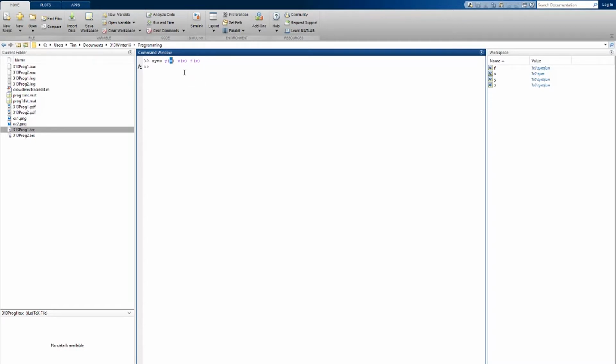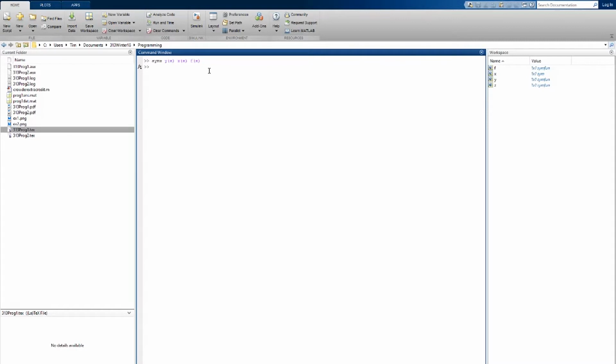Now, putting the x in parentheses like that does 2 things. It declares x as a symbolic variable as well, and it makes x the independent variable for y, z, and f, which are then dependent variables. Why do I always say the wrong thing? Okay. So now when we use y, z, and f in future lines, MATLAB knows that these are going to be symbolic variables.